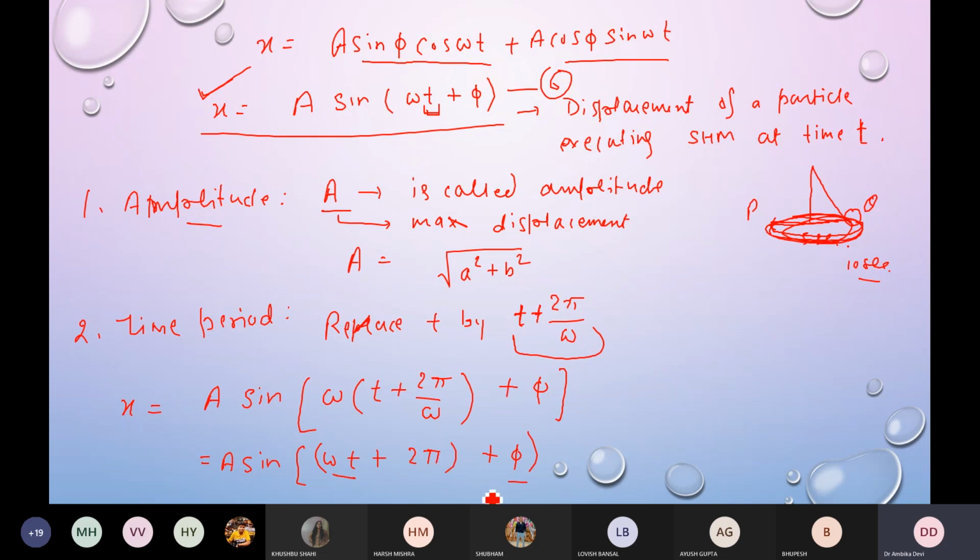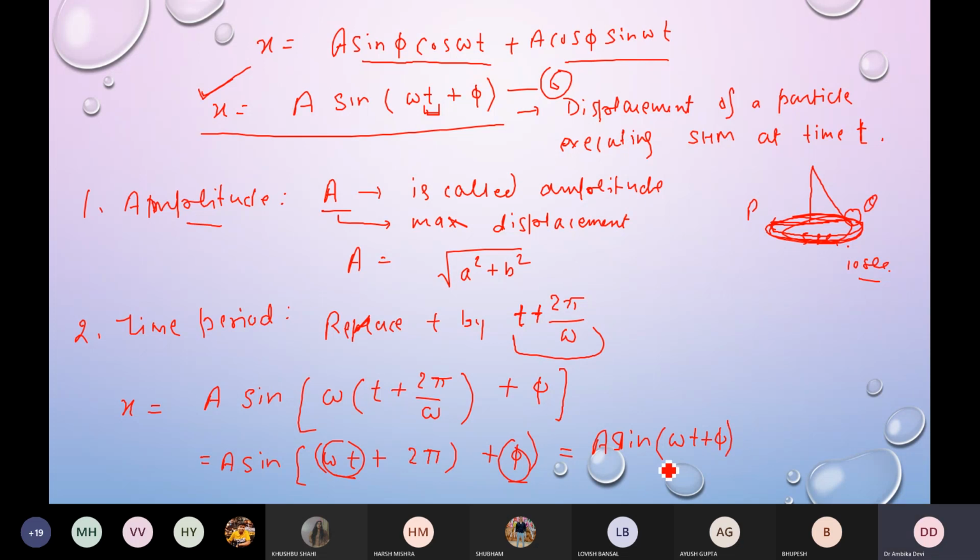What is sine of 2 pi plus theta? It is again sine theta, right? If you take omega t plus phi as theta, then sine of 2 pi plus theta is again equal to sine of theta. So this will become a sine of omega t plus phi.